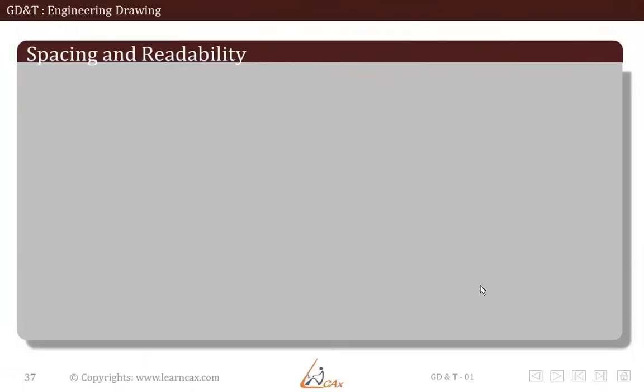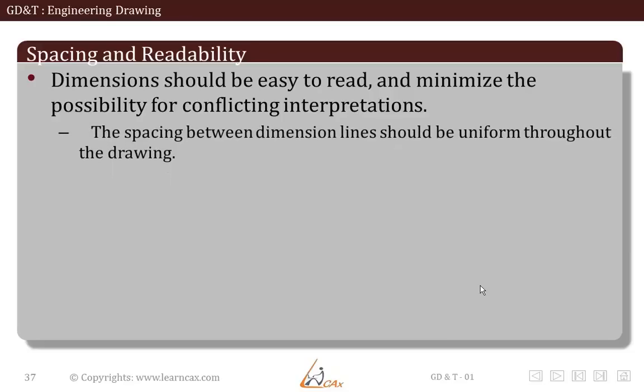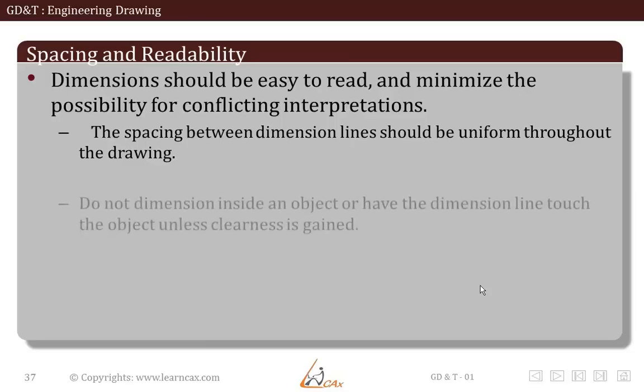Now let us talk about some standardization in dimension spacing and readability. Dimensions should be easy to read and minimize the possibility of conflicting interpretations. So it should be crystal clear in interpretation. The spacing between dimension lines should be uniform throughout the drawing. It's a very important aspect.